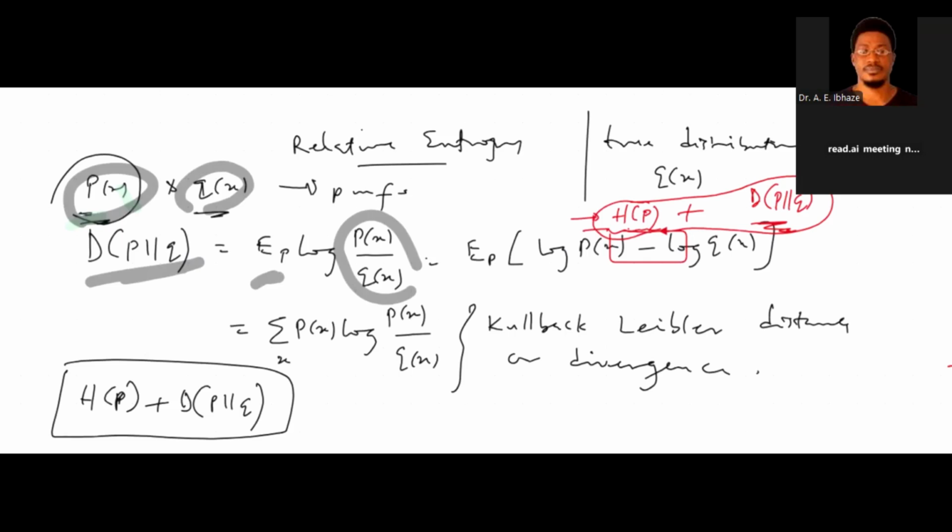Which is the same as the expected value, for all values of X, of P of X log P of X over Q of X. And this is usually called the Kullback-Leibler distance or divergence.